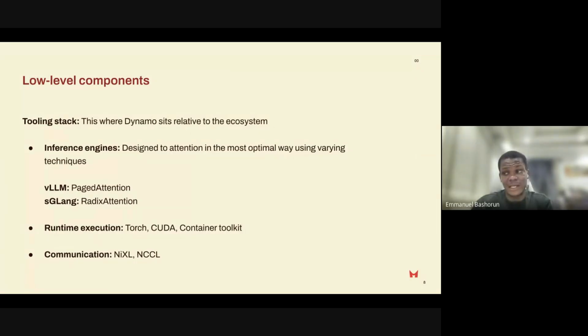You could take that library and use it in a separate project, or use it to communicate between your nodes without having to deploy Dynamo. Do you get? That's the way Dynamo is designed. And the same philosophy also applies to the inference engine. In Dynamo, you're not building your own inference engine from scratch. We make use of existing inference engines in the industry, and we have very, very good inference engines.